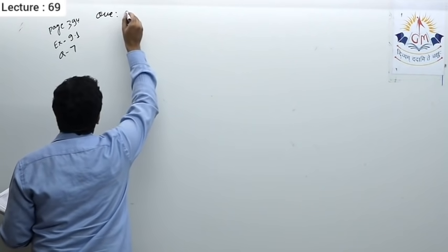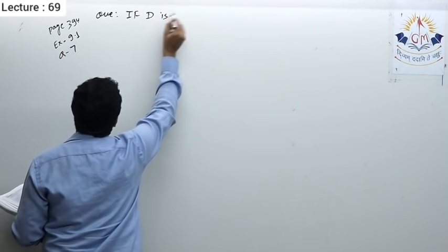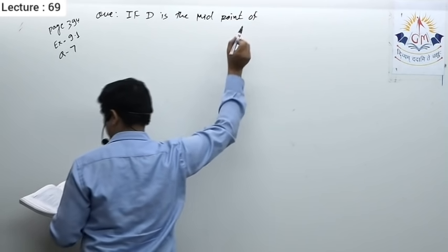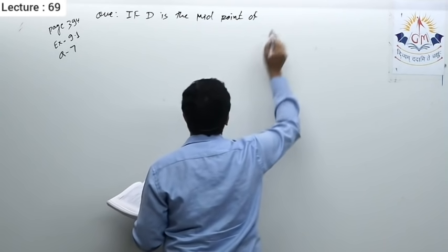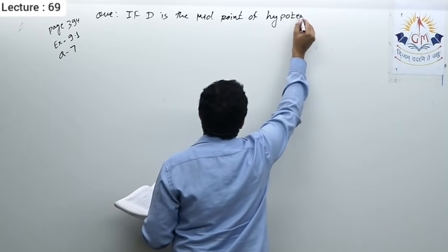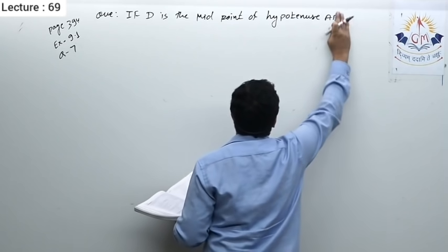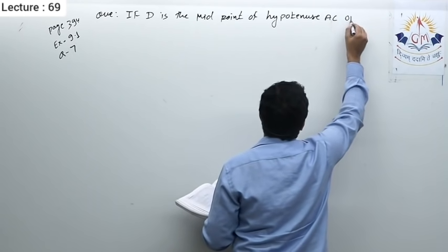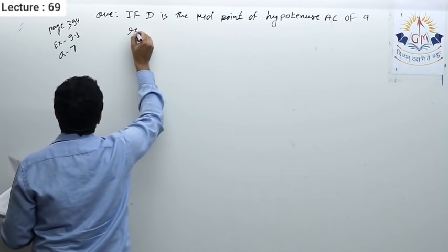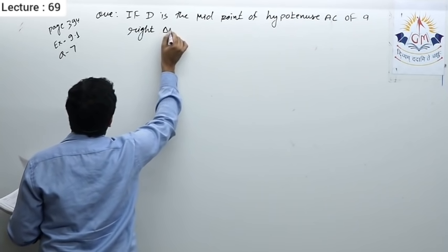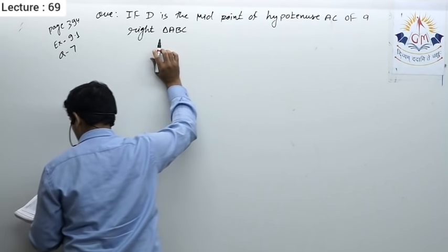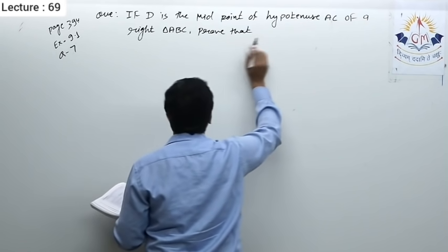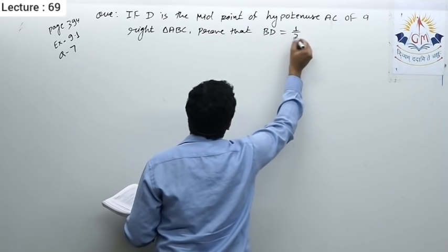If D is the midpoint of the hypotenuse AC of a right triangle ABC, prove that BD equals half of AC.